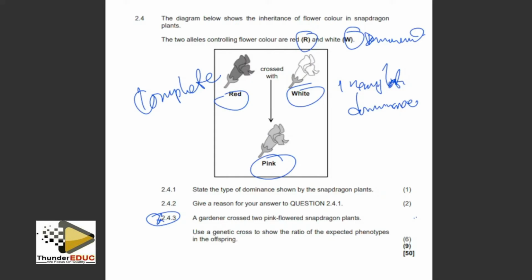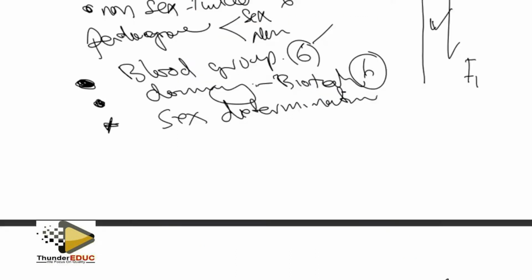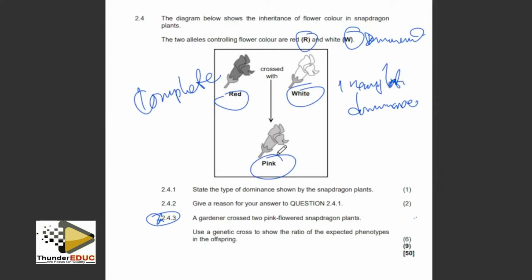They're saying a gardener crossed two pink flowered snapdragon plants. Using the genetic cross, show the ratio of expressed phenotypes in the offspring. Now, remember I told you that the first thing you need to do is to write P1, F1. But in this case, they're saying they crossed two pinks.